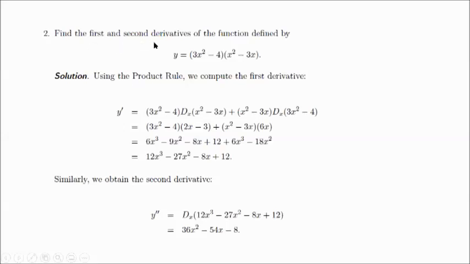Number 2, first and second derivative of this function. So anong gagamitin dito? Kapag ganito class, product of two functions. So product rule. Okay? So recalling product rule class, copy the first function, multiply sa derivative.